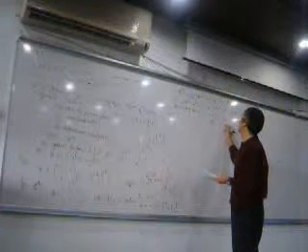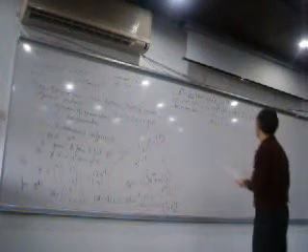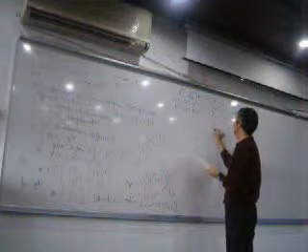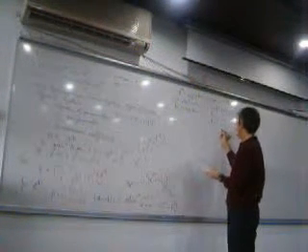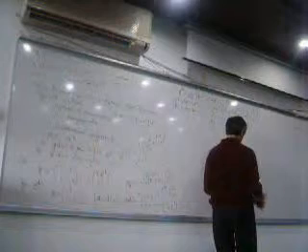A minus B. Then you take this to the side, minus 2, 0. And then you get A C equals minus 0.